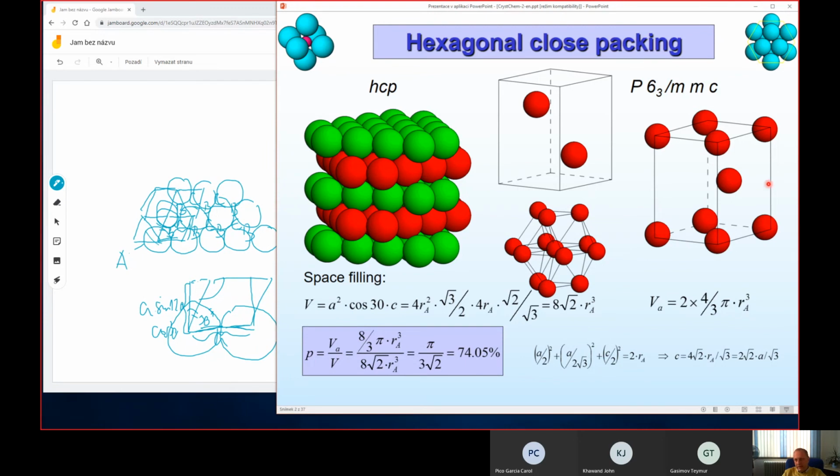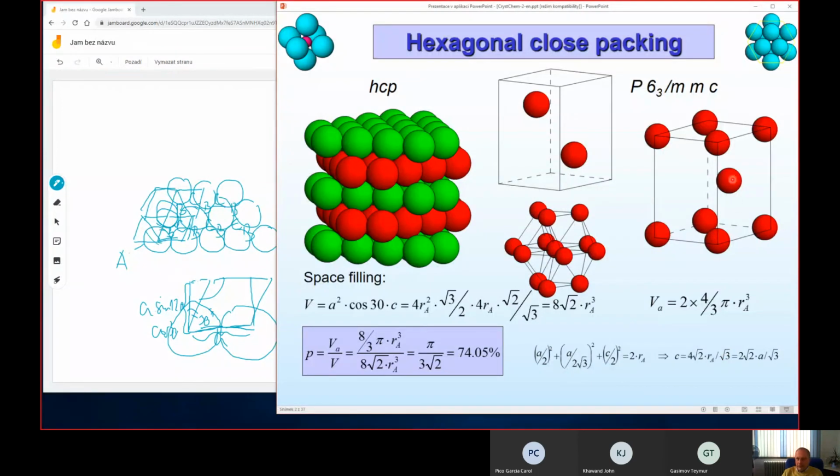So we take this distance, which is 1/2 of the C parameter, and then this distance, which can be calculated based on the Pythagoras law. So we obtain this relation for the C parameter, that is 4 times square root of 2 times RA over the square root of 3.